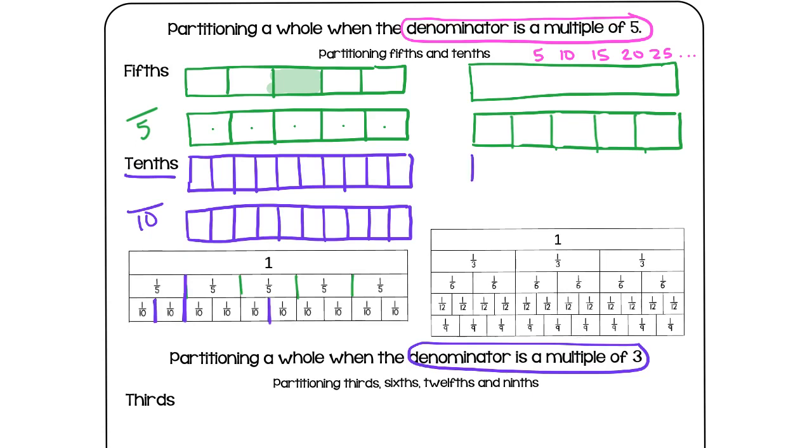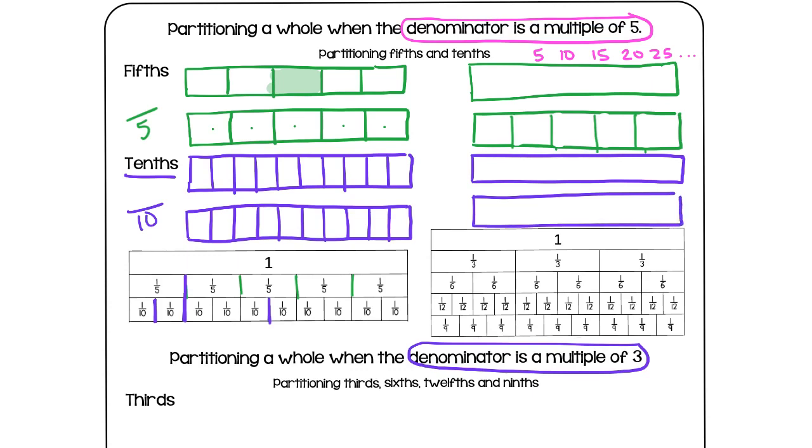All right. Draw yours really skinny over here so you can fit two more in above our fraction bars. Okay, go ahead, make fifths, and then partition each of your fifths into tenths. Pause the video to do that.